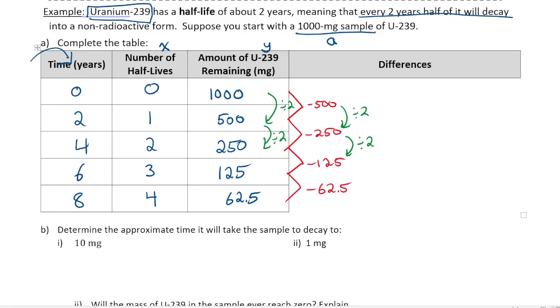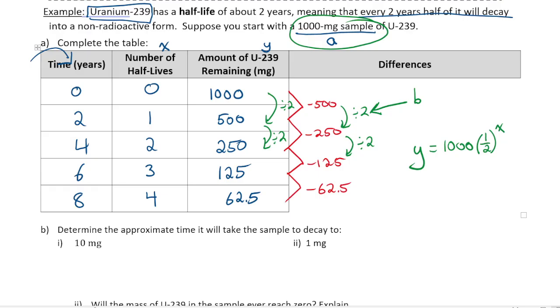So as we noticed, our starting amount is our A, and what's happening every time is our B. So for this one, we have y is equal to 1,000 milligrams times 1/2, because divided by 2 is times 1/2, and it's always by multiplying, so you just switch it into its fraction form, to the power of x.